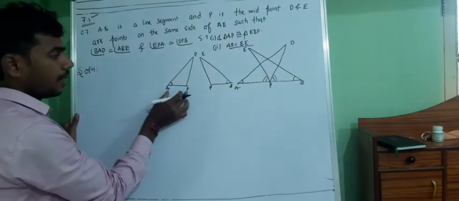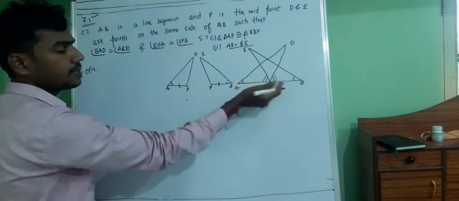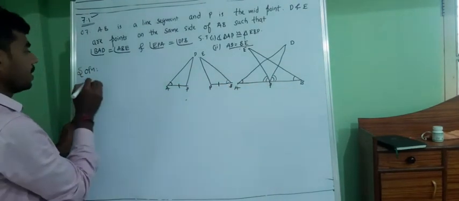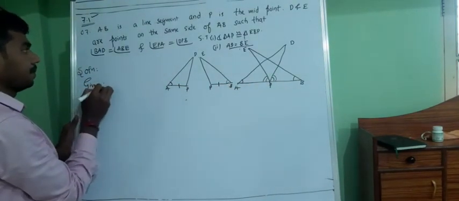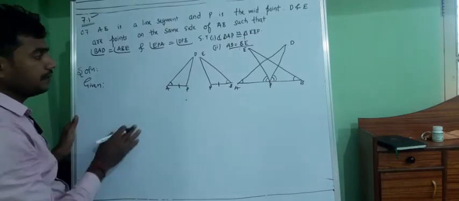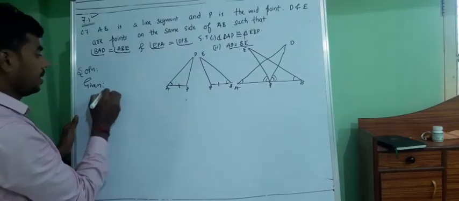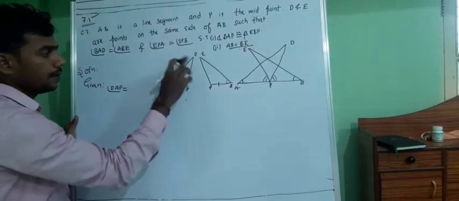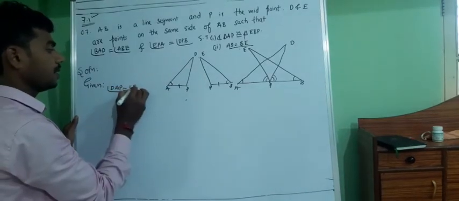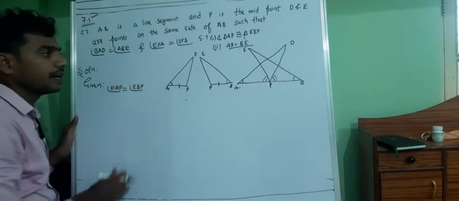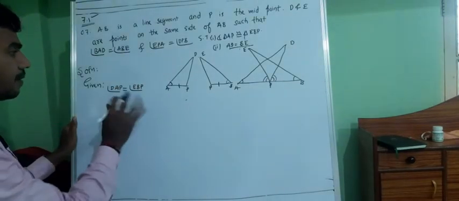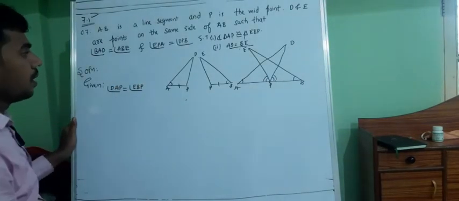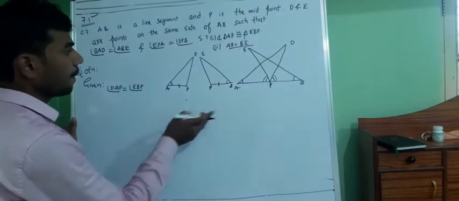And AP will be equal to BP because P is the midpoint. We will write the given data. So what is given? Angle DAP is equal to angle EBP. It is given. We didn't make any arrangement. Next, what is given to us?